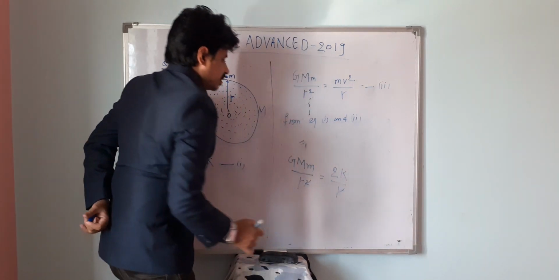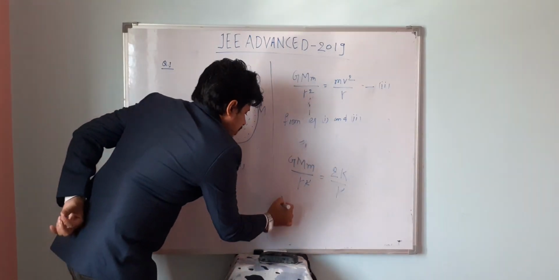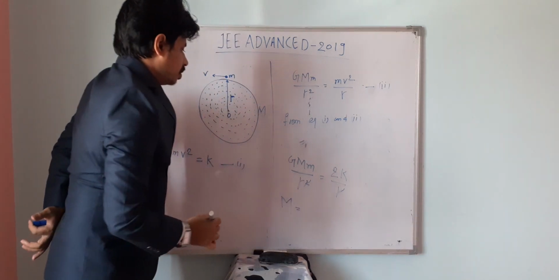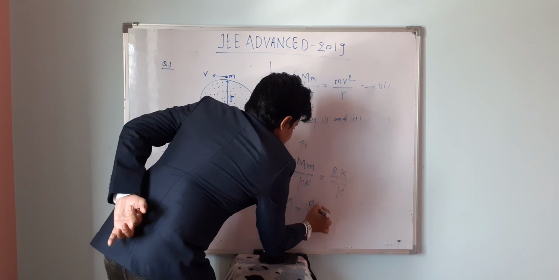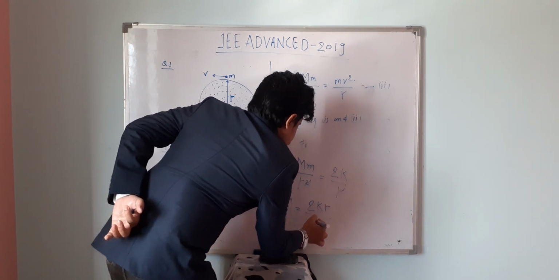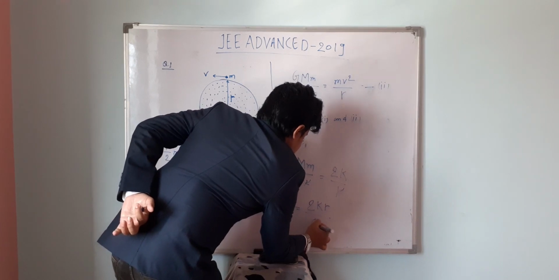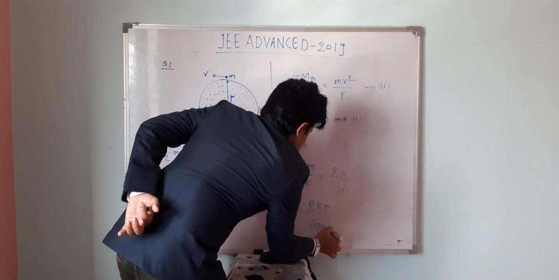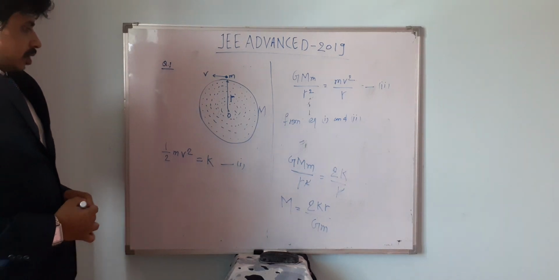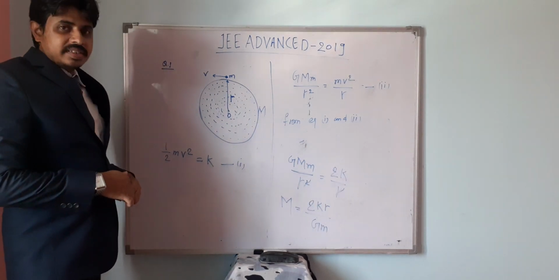One r cancelled. So capital M is equal to 2K r divided by G into small m. So now I got the capital M, 2K r by G m, as a function of r.